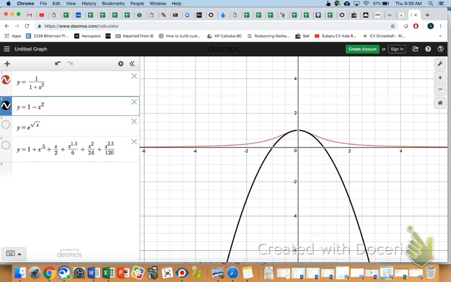Okay, there's the first 2 terms. Looking pretty good, right? Okay, now I want you to pay attention, guys, to this. Pay attention to that part.